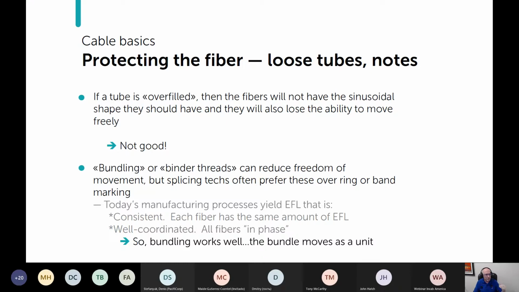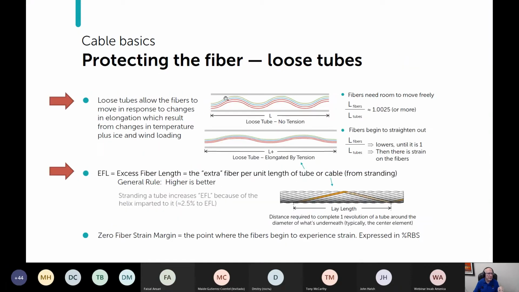So you go through the 12 fibers and then you repeat them with a black mark. And that has certain advantages to it. Sometimes you can use both, but in today's manufacturing environment, what you see here is realistic.